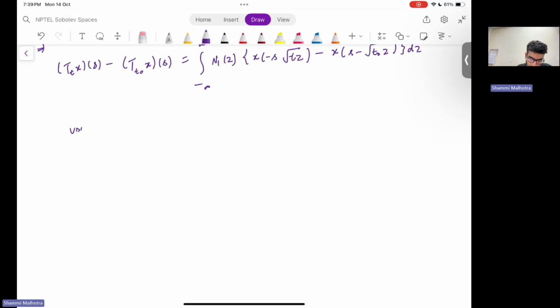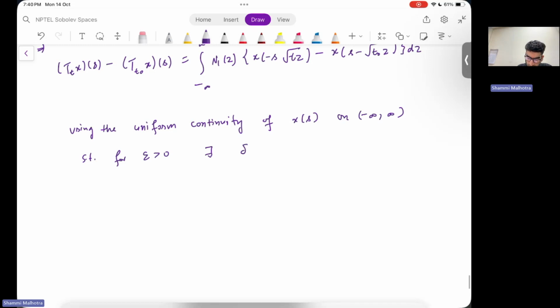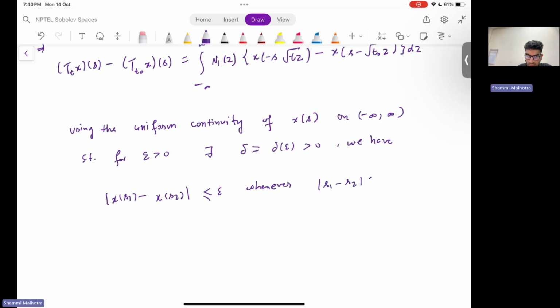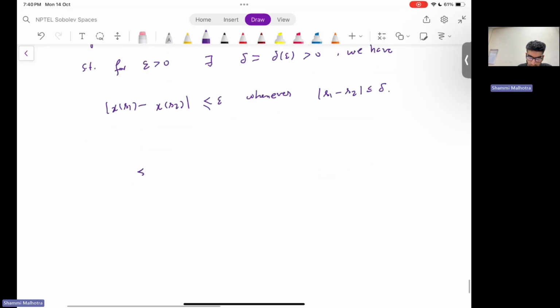Using the uniform continuity of x on minus infinity to infinity, for epsilon positive there exists delta, which of course depends on epsilon, such that we have the modulus of x(s1) minus x(s2) less than epsilon whenever the modulus of s1 minus s2 is less than or equal to delta. So we split the integral.